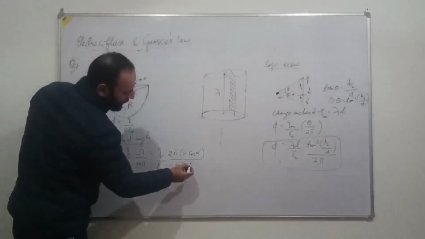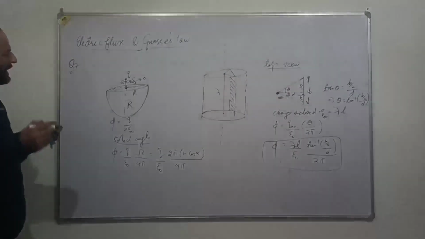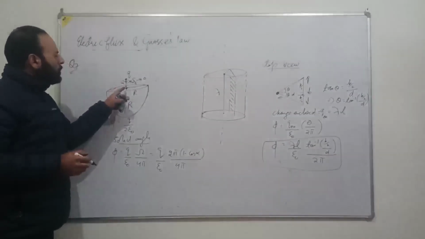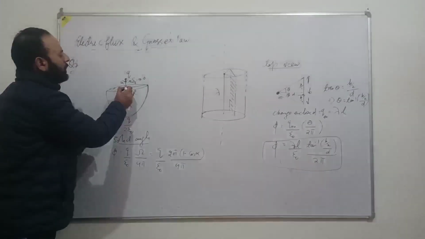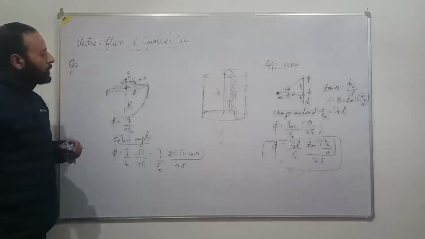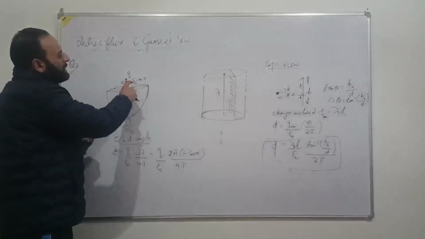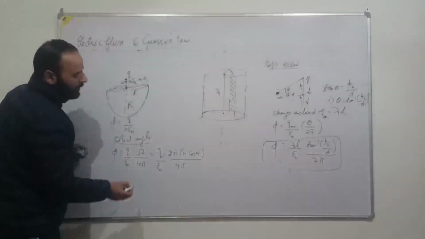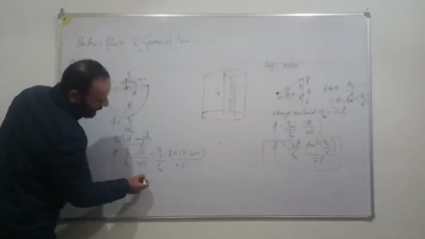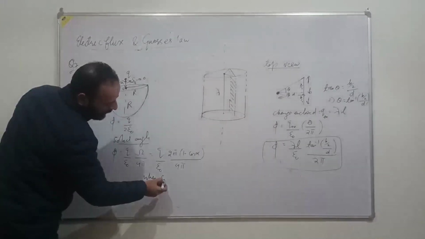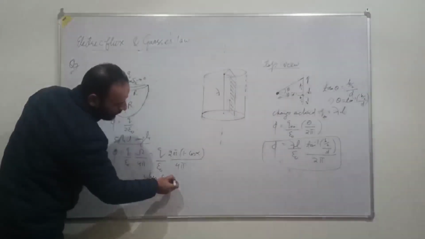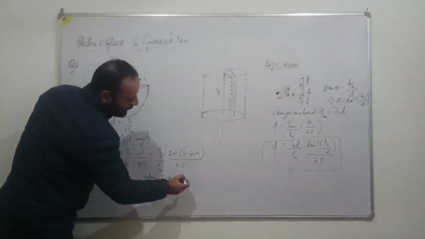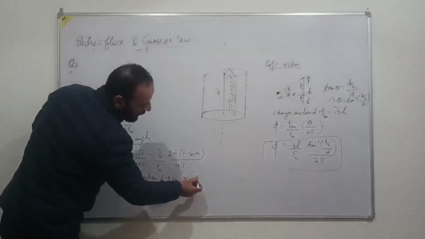Now since the charge is very close to the center of the base of the hemisphere, when delta r tends to 0, this alpha tends to 90 degrees.